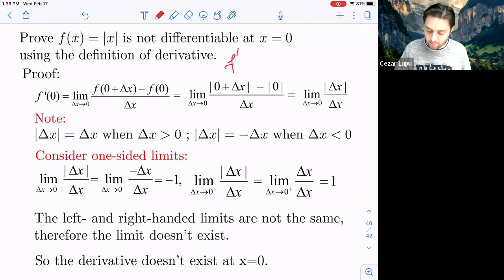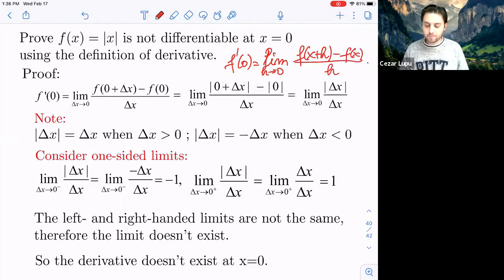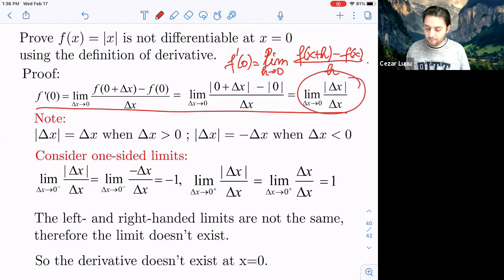Remember that f prime of 0 is the limit as h approaches 0 of f of x plus h minus f of x, everything over h. So delta x is h, and if we apply the definition, we have this limit here.